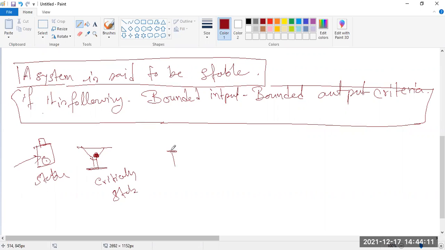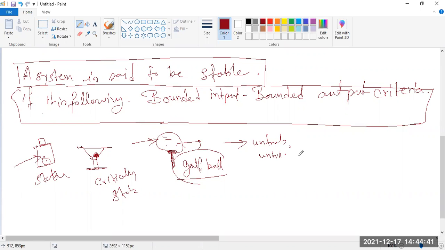And if the ball is held on a pin, or a golf ball, then it is unstable, because the stability does not stay for a few seconds; if a small amount of force is applied, it will become unstable. This is the condition of stability.